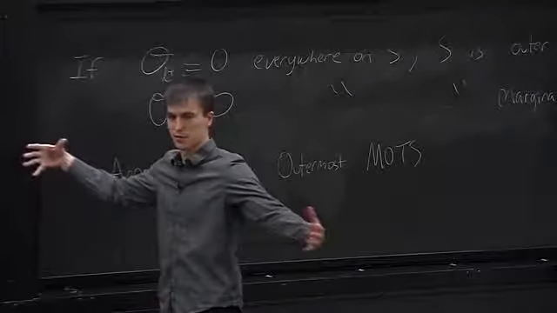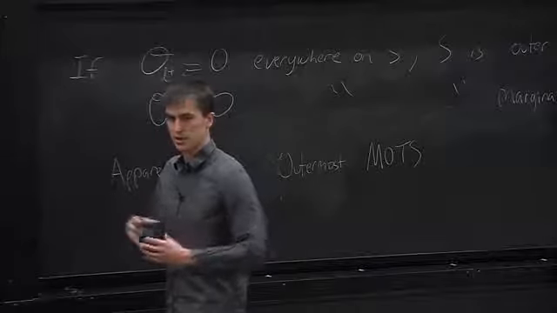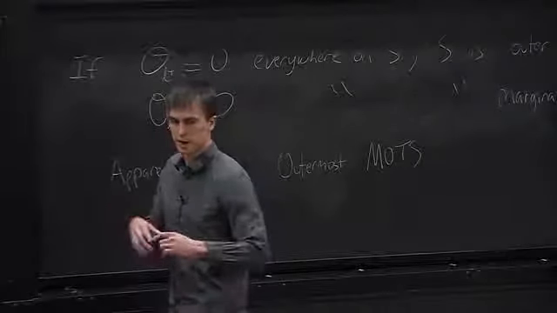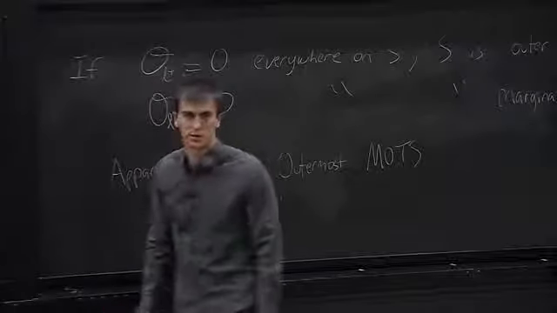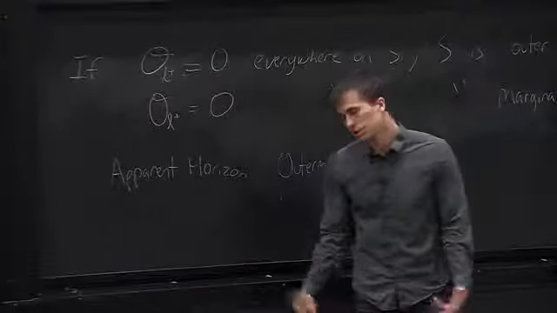So if you're outside, you want to flow inwards, and if you're inside, you want to flow outwards. And how much you flow at every given point on your surface should be proportional to how big this null expansion is.